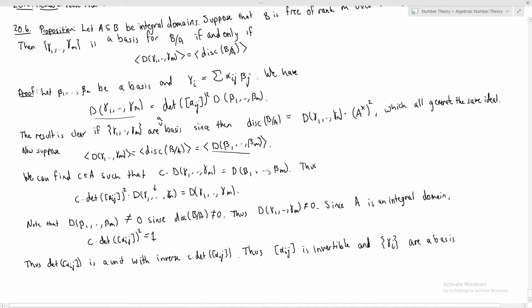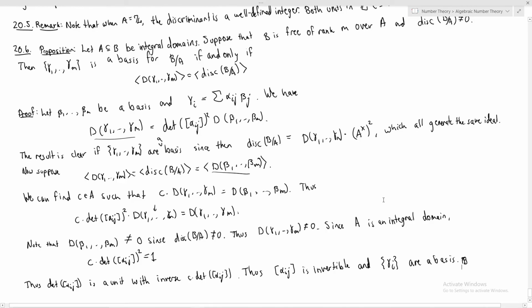If the change of basis matrix is invertible, then the image of the basis under this matrix is also another basis. Basically, the image of a basis under an invertible matrix is still a basis. And this holds over rings, for A modules rather than just over fields.